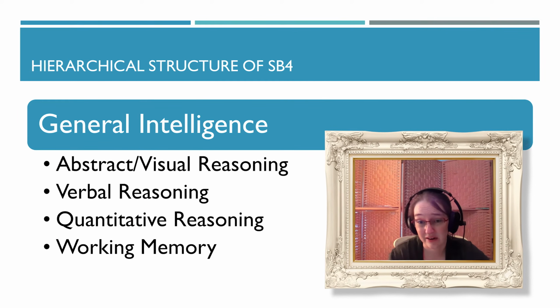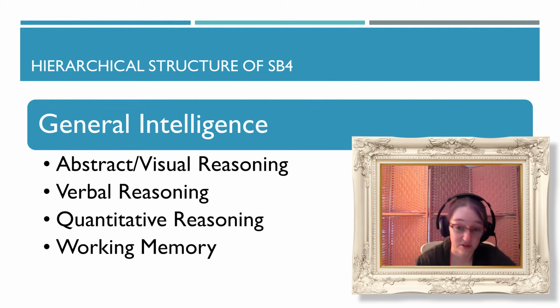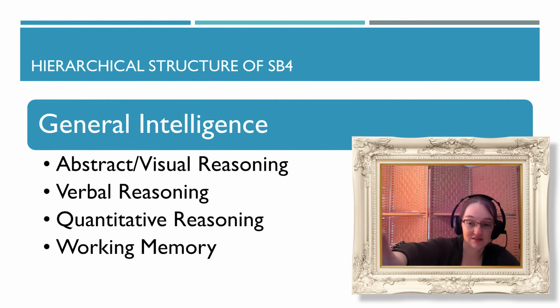So here's what the hierarchy looks like for the fourth edition. It's general intelligence, that's G, and then subset under that, so you can envision this on its side, kind of like an octopus with four legs, which is not an octopus.